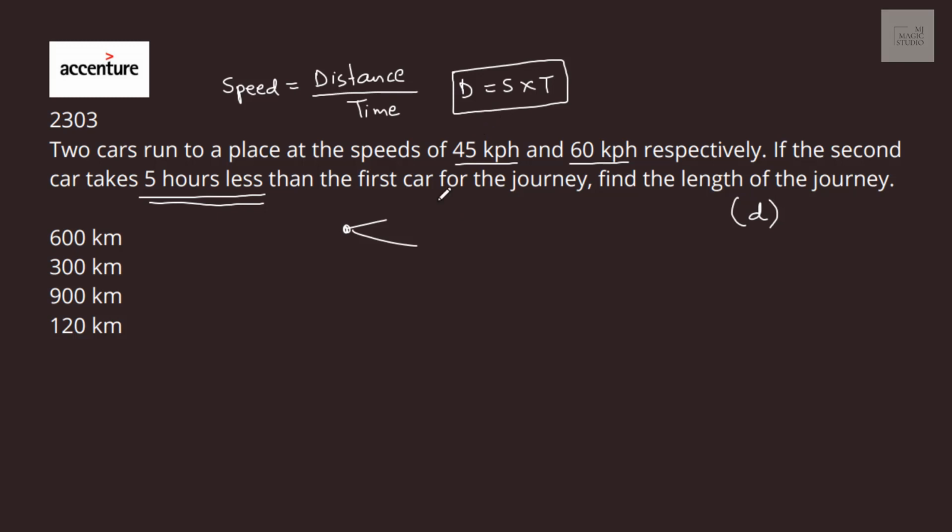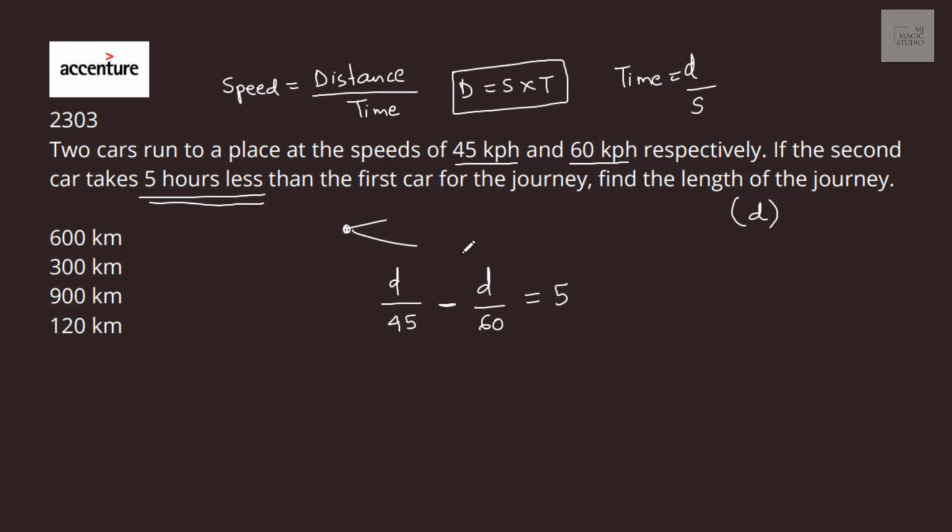Then the time taken by the first car is d by 45. As we know, the formula for time is distance by speed, d by s. Now the time taken by the second car would be d by 60. The difference between the time taken by the two cars is 5 hours.